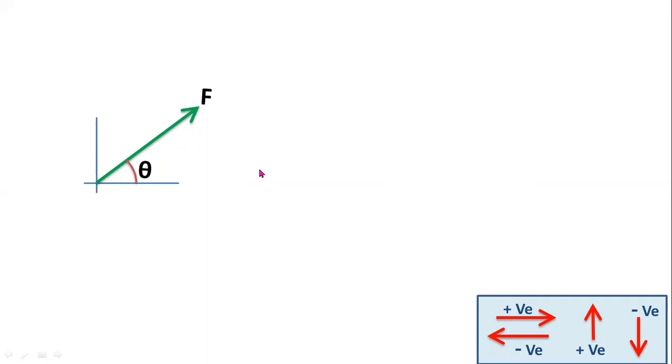Listen carefully. First, you have to consider x-axis and y-axis. This is x-axis and this is y-axis. The x component, horizontal force, lies on x-axis. Vertical force always lies on y-axis.